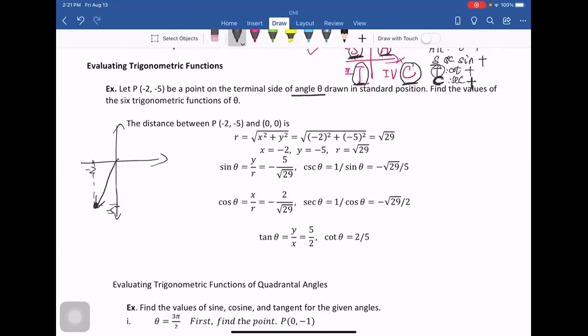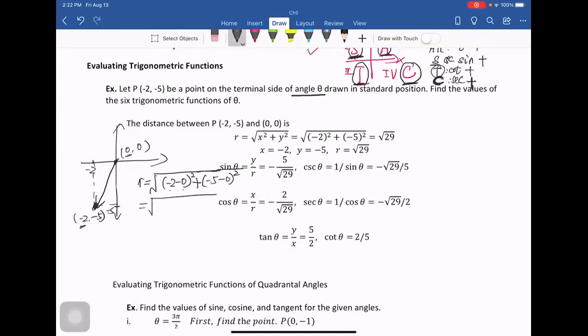The distance between the origin and this point, which is -2, -5, is R. I can use the formula of the distance between 2 points. That's -2 minus 0, because this is 0, 0, squared, plus -5 minus 0 squared.